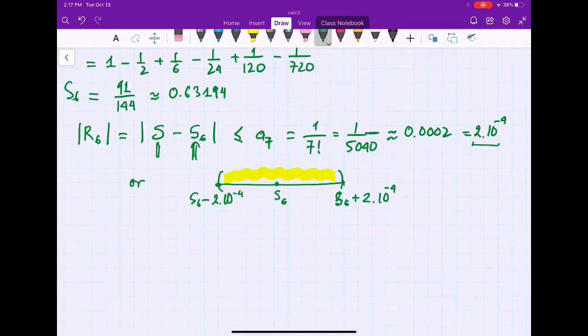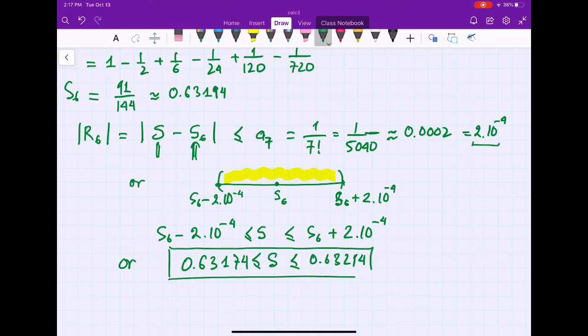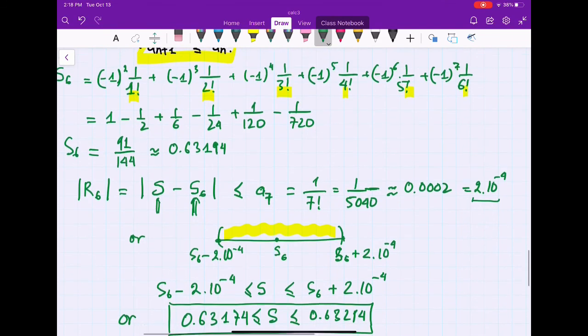Does that make sense? Or you can rewrite it: S is greater than or equal to S6 minus 2 times 10 to negative 4, and less than or equal to S6 plus 2 times 10 to negative 4, that is, S is between about 0.63174 and 0.63214. Does that make sense?